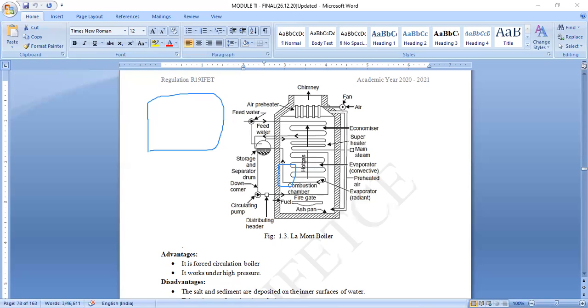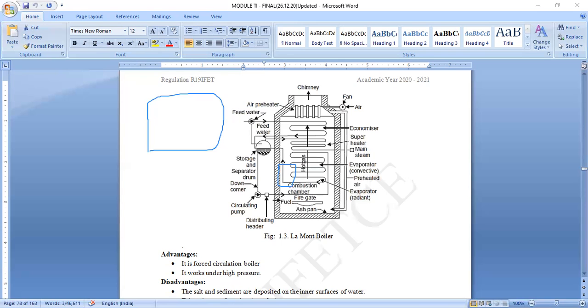The air sucked from the atmosphere passes through the air preheater, where the moisture is removed, and then it passes to the combustion chamber. Here the coal is placed over the fire grate, the fuel is supplied from here, and the combustion takes place. Once the combustion takes place, the hot flue gases pass vertically upward through the boiler, and then are released to the atmosphere through the chimney.